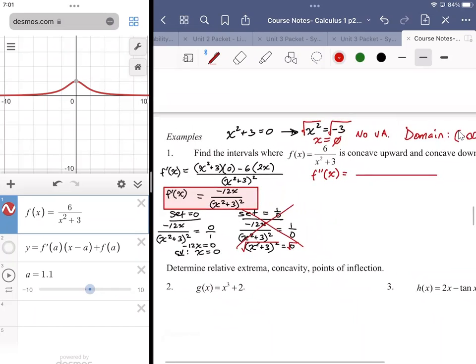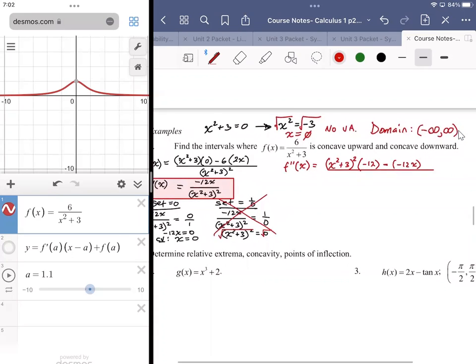The high d low part of it's going to be a little bit more complicated. So the low, x squared plus 3 as a quantity squared. D high is negative 12 minus the high, negative 12x. D low, that's a little chain rule there.